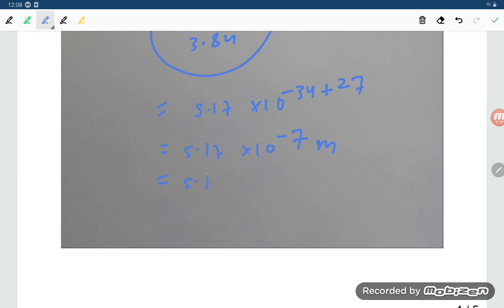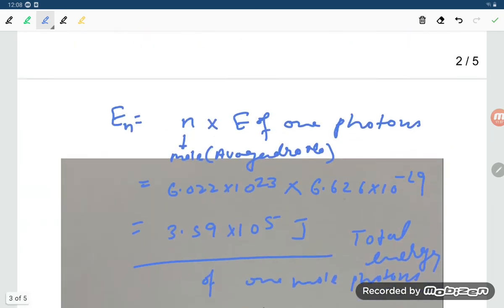If you remove the decimal, it is 517 into 10 power minus 9 meter, and 10 power minus 9 meter is equal to 1 nanometer. So we can put the nanometer here: 517 nanometer. This is the maximum wavelength of the ejected photon.